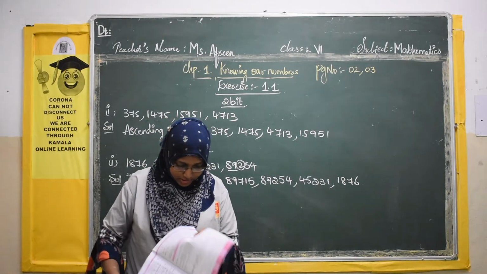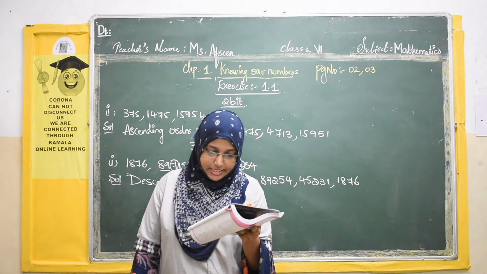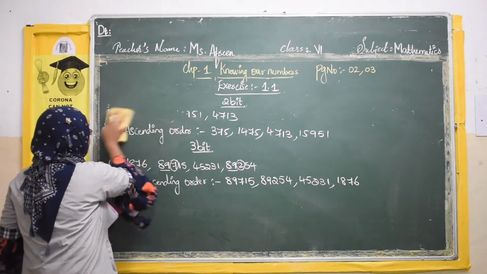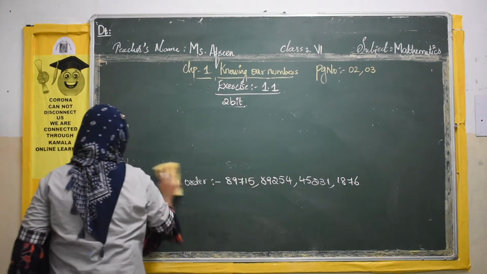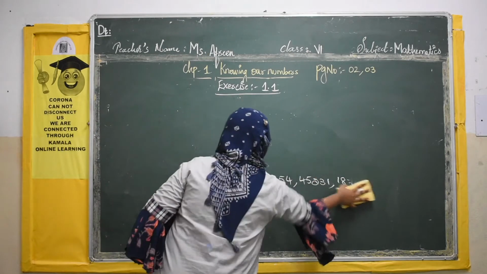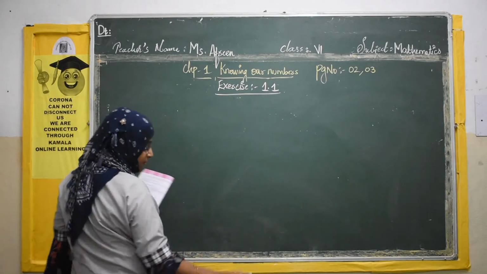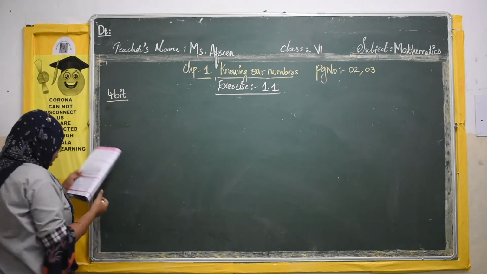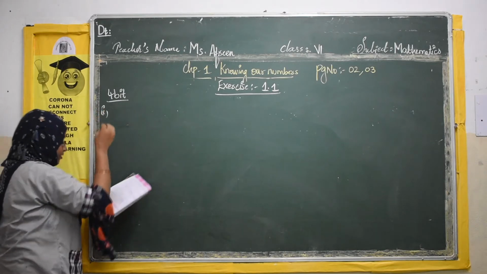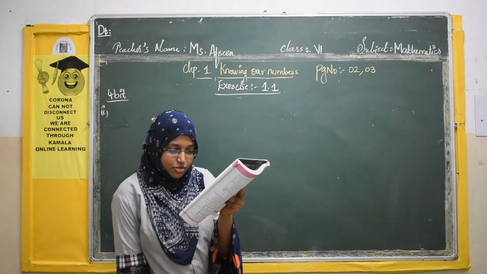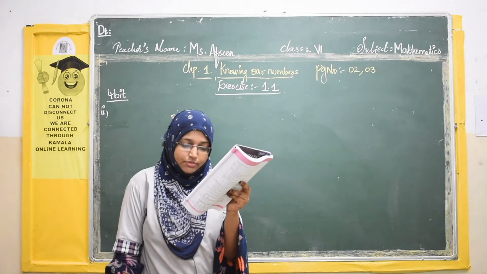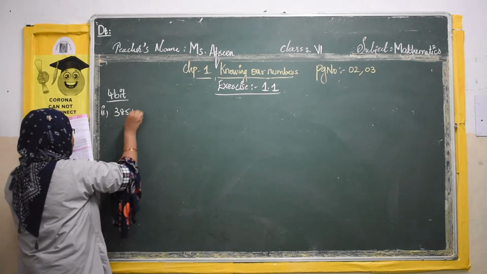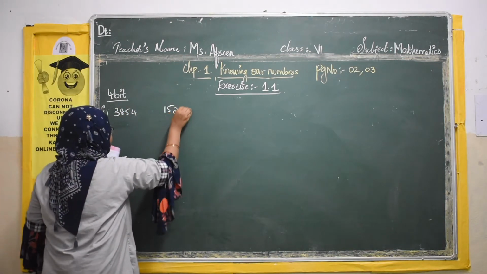Next, moving to the fourth bit: put appropriate symbols, greater than or less than, in the space. Now this fourth bit we will do in the textbook itself. See what is the first one? 3,854 and 15,200.